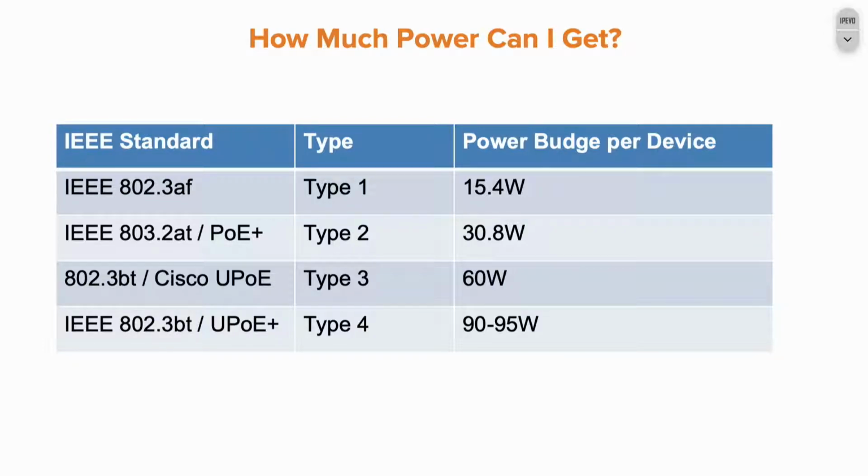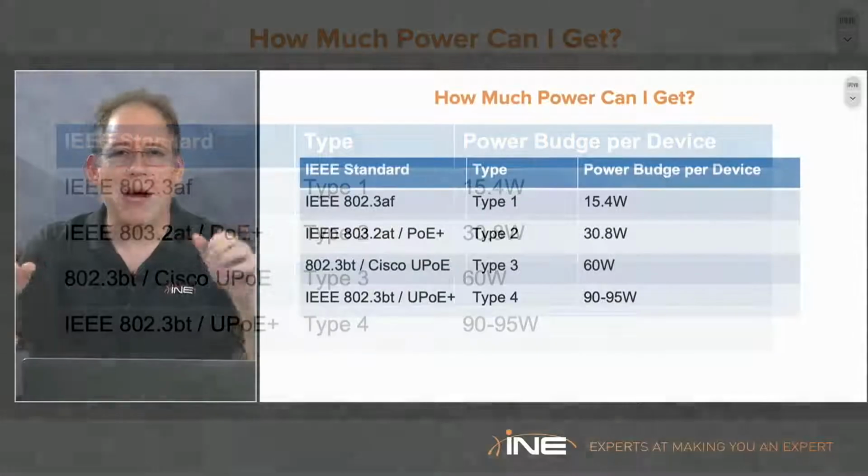So when you buy a switch that's a power over Ethernet capable switch, they might say, hey, the power budget of the switch is 540 watts. What they're talking about is the maximum power it can deliver to the powered devices.